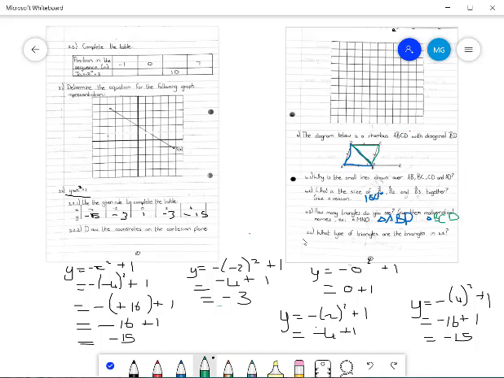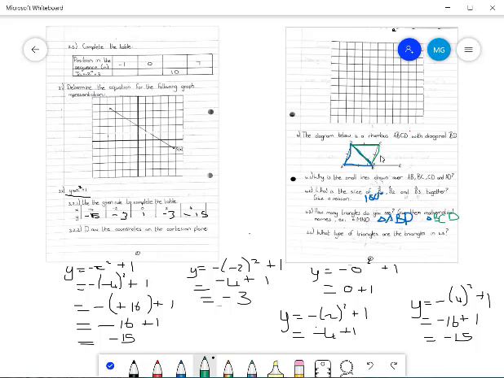And then 4.4, what type of triangles are the triangles in 4.3? So these sides are the same length, we're not sure about DB. I don't think it's the same length because they didn't put a little line over it.